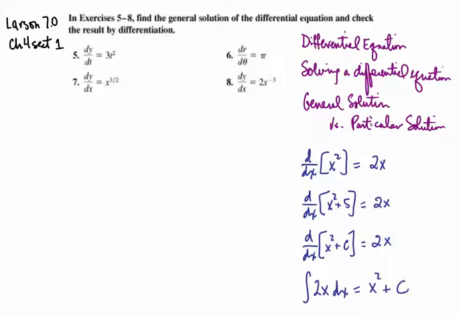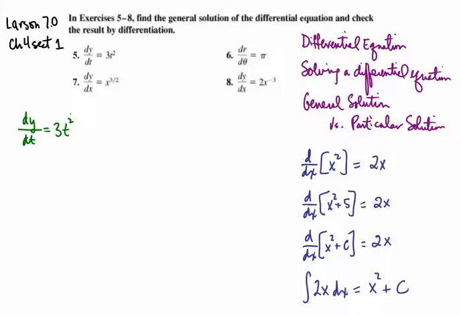Alright, so let's take a look at what we have in these four examples here. We want to find the general solution of the given differential equation, and then it says to check the results by differentiation. So let's see what we have. The first equation, dy/dt is equal to 3t squared.